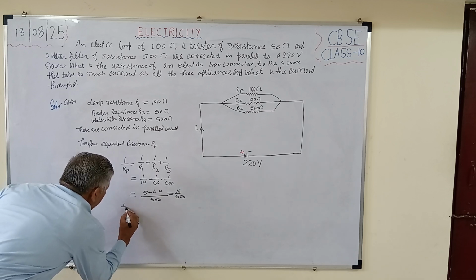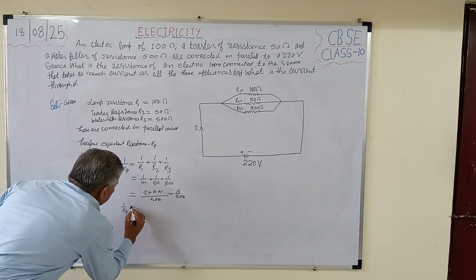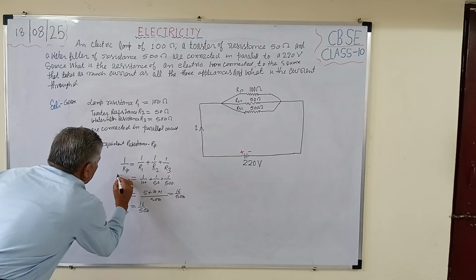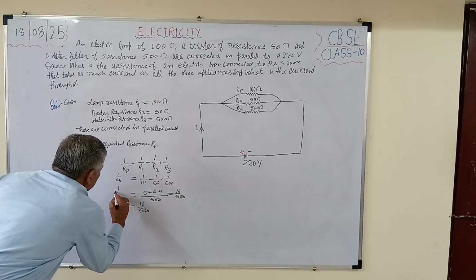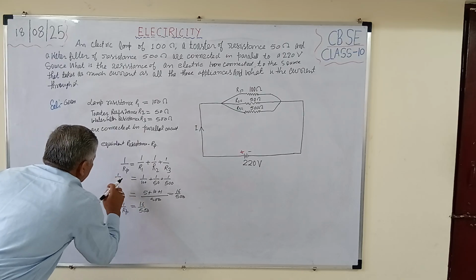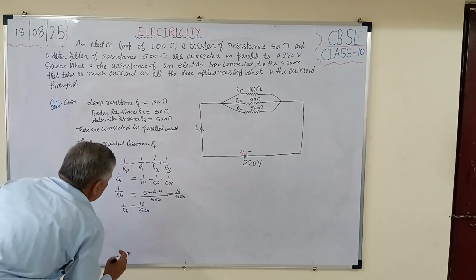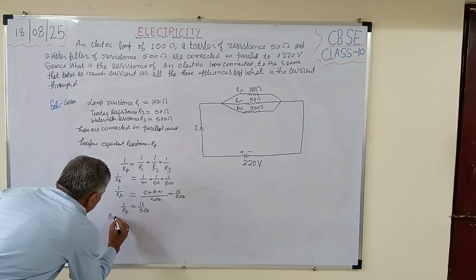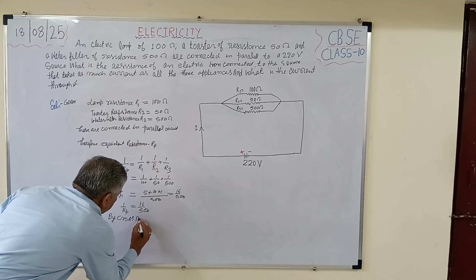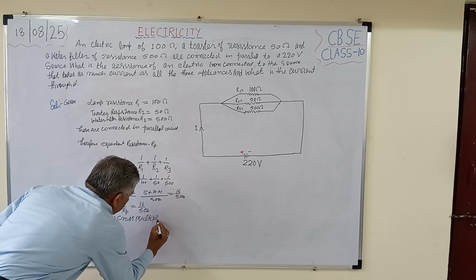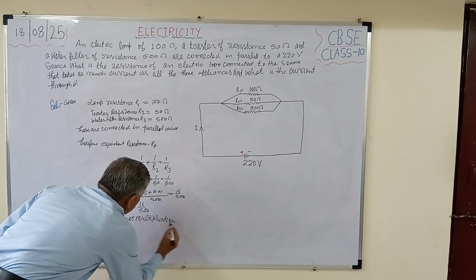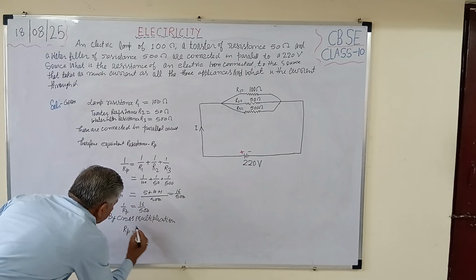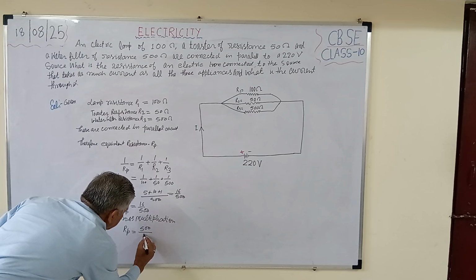Therefore, 1 by Rp equals 16 by 500. By cross multiplication, Rp, the resistance, will be 500 upon 16.